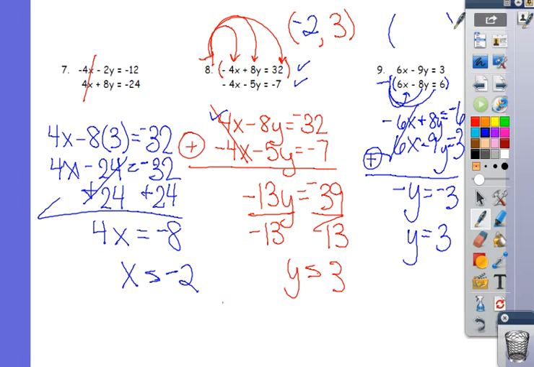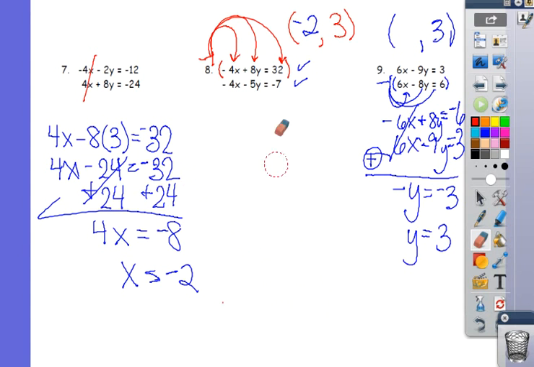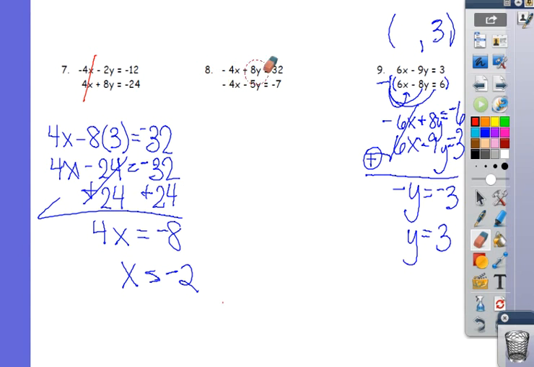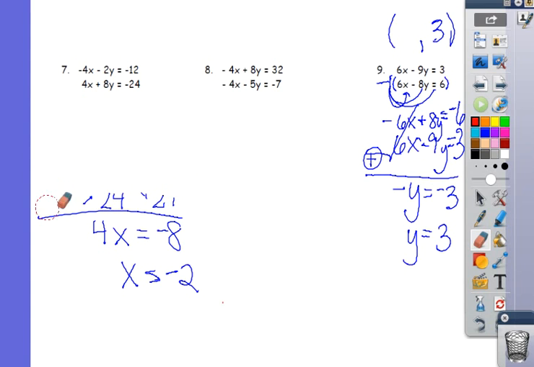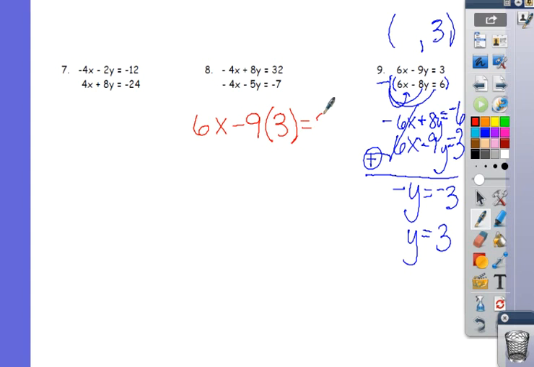Okay, so if y is 3, you need to find x. All right, y is 3, so I'm just going to use the top one. 6x minus 9, and then in place of the y, I'm going to put my 3.